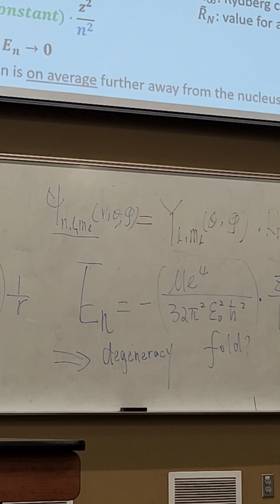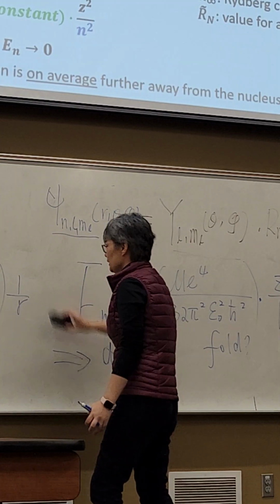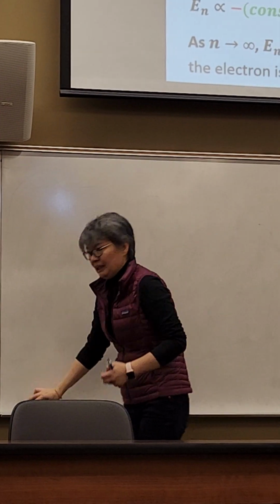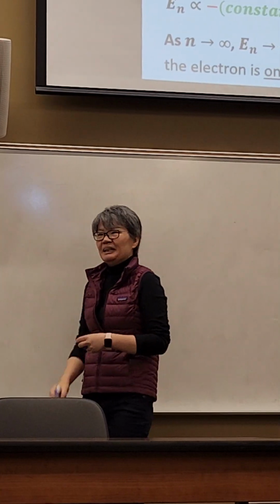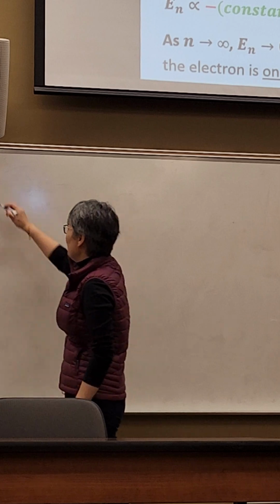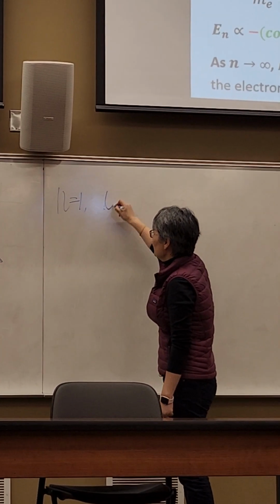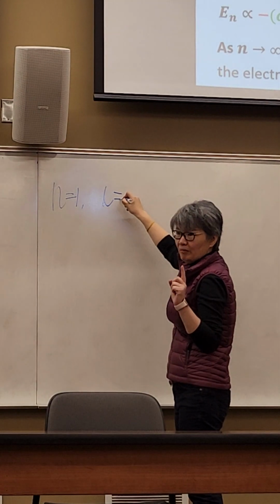Okay, thanks for answering the question. Let's talk about this, so we can do some practice. This is tricky, very tricky. So n can start with 1. Then L only has one value, right?